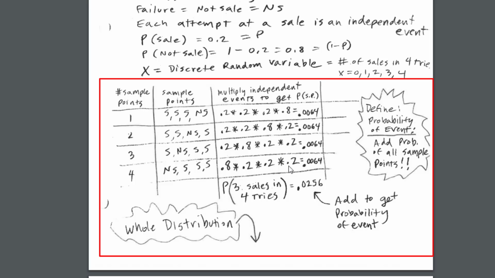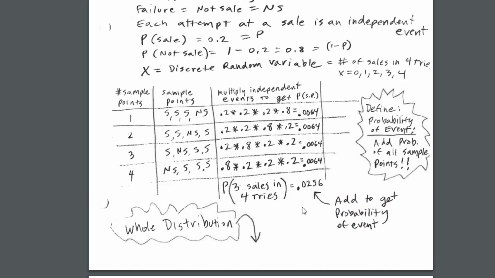Now, when we continue doing this, notice that because we only have 1 not sale, there's always going to be 1, 2, 3, 0.2 probabilities for sale and one 0.8 for not sale. Now, when we run the AND logical test for every sample point and calculate the probability, then down at the bottom, since the definition of a probability of an event is to add the probability of all the sample points, we simply add.